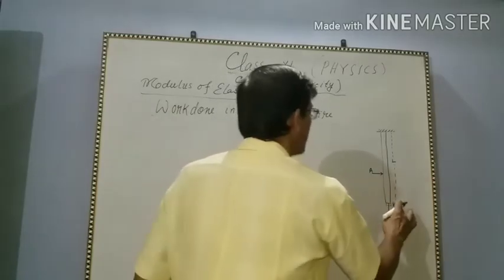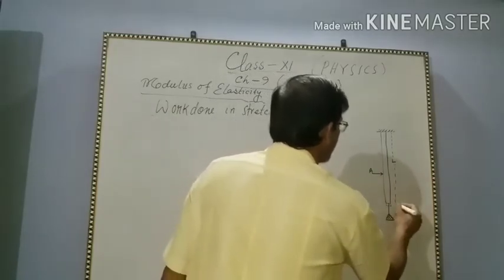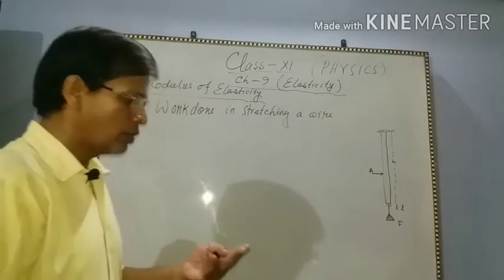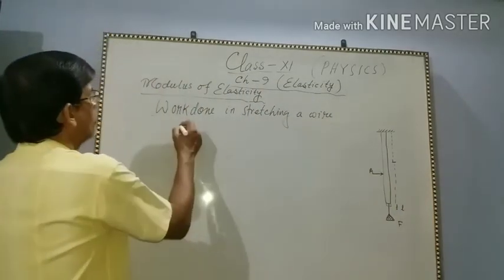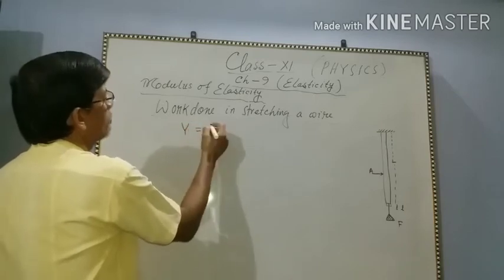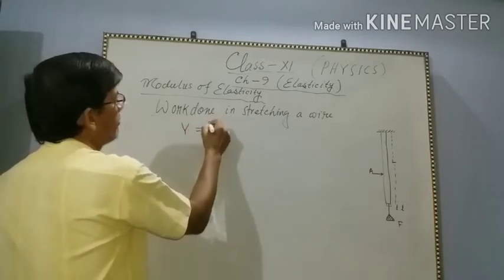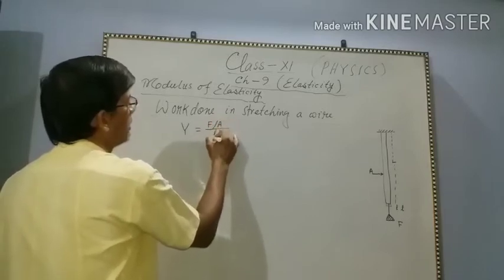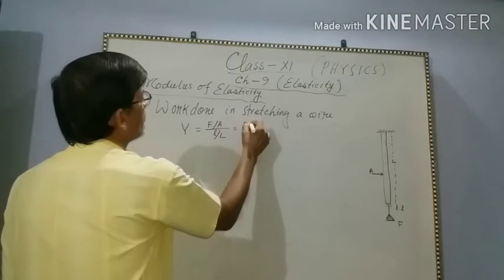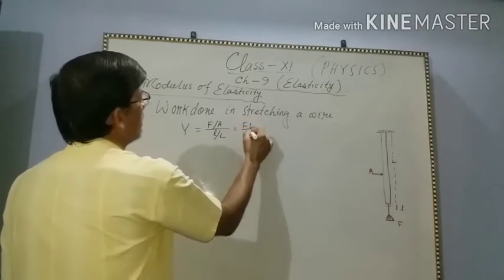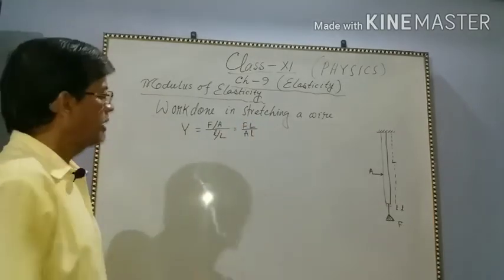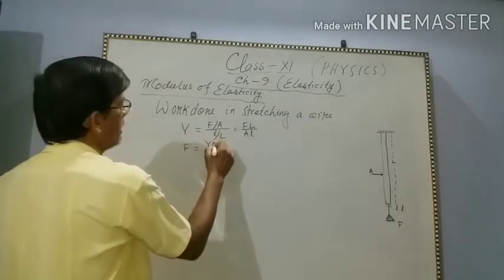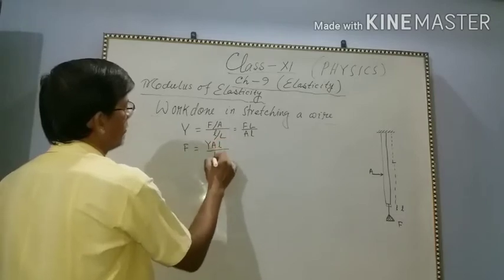This extension is small l. So what is Young modulus? Y equal to F by A, l by L, so Y equal to FL by A l. From this we find F equal to Y A l by capital L.